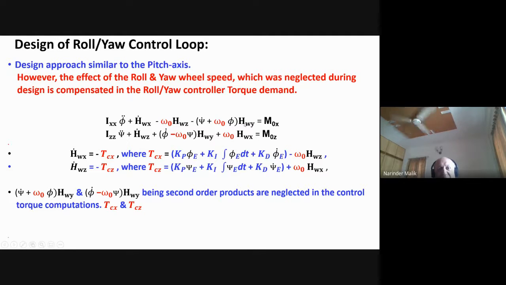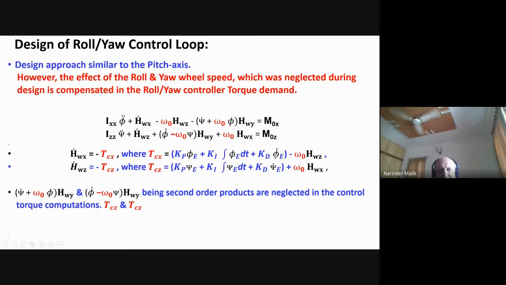So that means this HWX dot will be minus TCX, where TCX is equal to less this thing. So when you substitute this thing, this term will get cancelled with this term, and you will have a simple equation Ixx phi double dot plus kp phi e plus integral plus rate feedback.